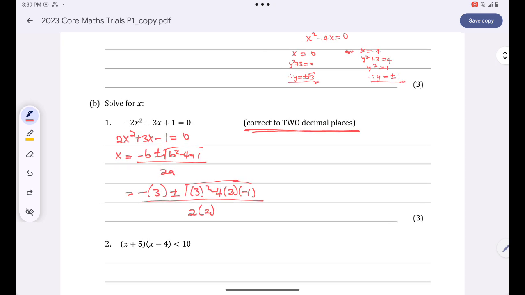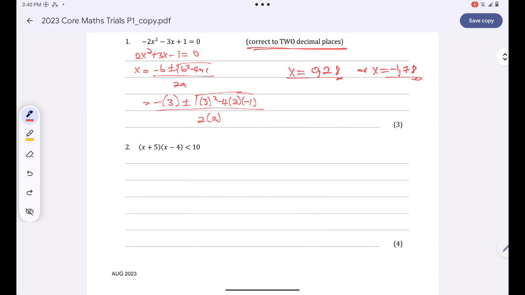Is there anything I did incorrectly there? Oh yeah, I was finding a wrong answer. So, guys, the first answer simply says x is equal to 0.28, and the second one will simply be -1.78. So these are my two answers.